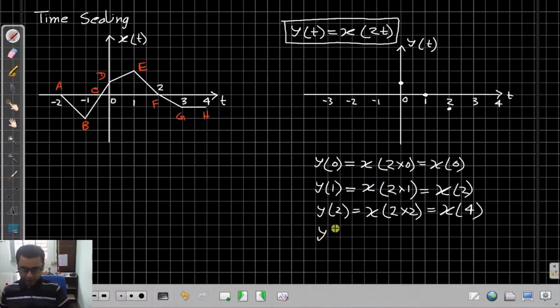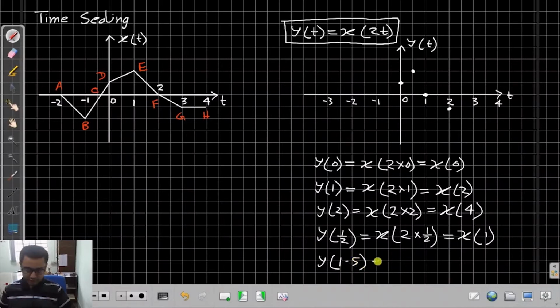We need y of half, for example. Y of half is same as x of 2 into half, which is x of 1, and the value of x of 1 is 2. So here the value will be 2. Similarly, you calculate the value of y at 1.5. That will be same as x of 3, and x of 3 is minus 1. So x of 3 will come here, that is this point. Now let us join these points.